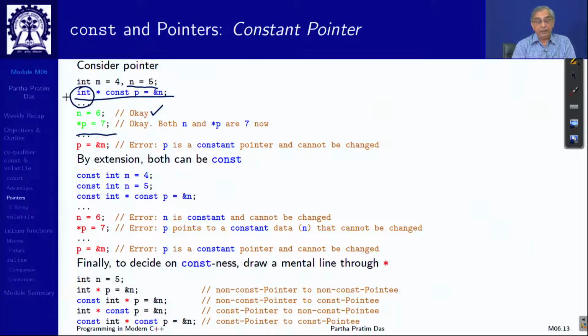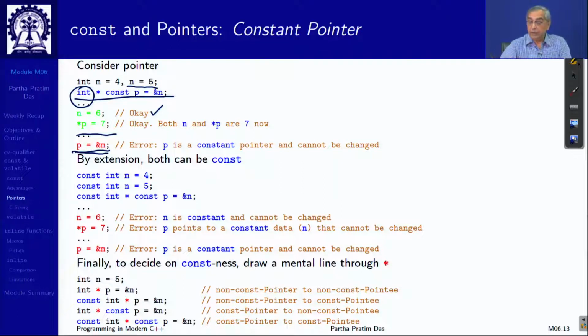So, it is changeable. I can assign 7 to it, by which n will change to 7, that is okay. But I cannot do this. I cannot make p point to a different variable m, because the pointer itself is constant. So, earlier we saw the pointed data is constant, here we see that the pointer is constant. Right. So, it depends on which side of the star you write the const.